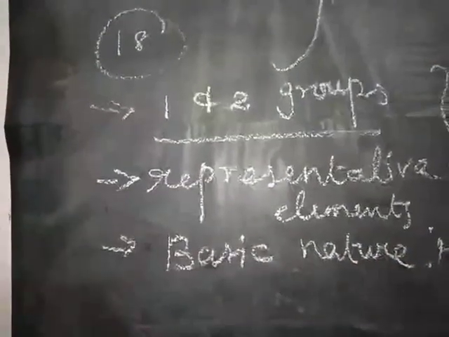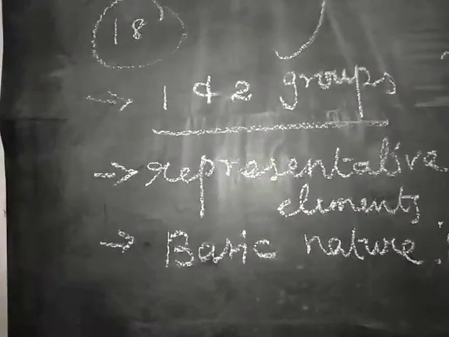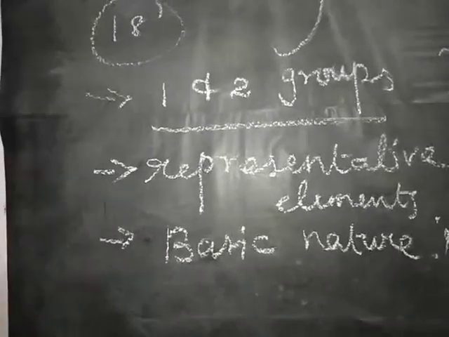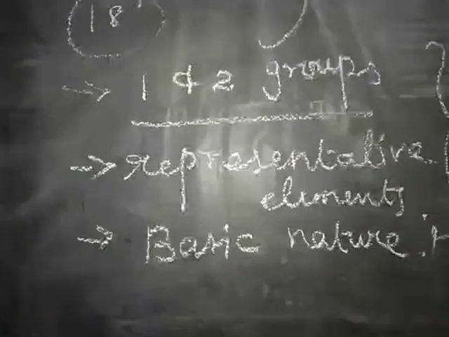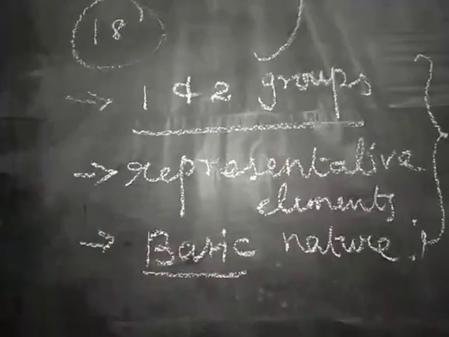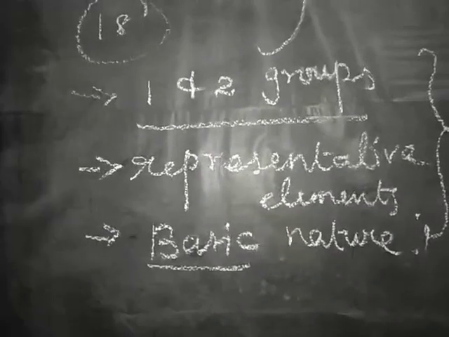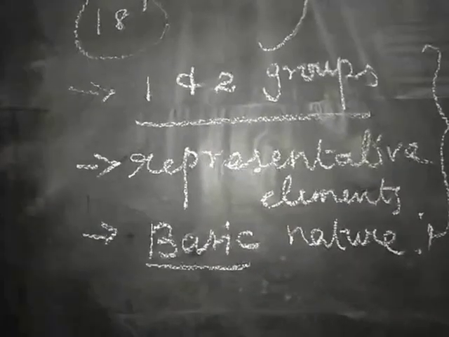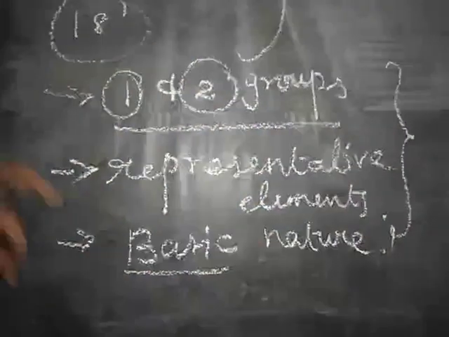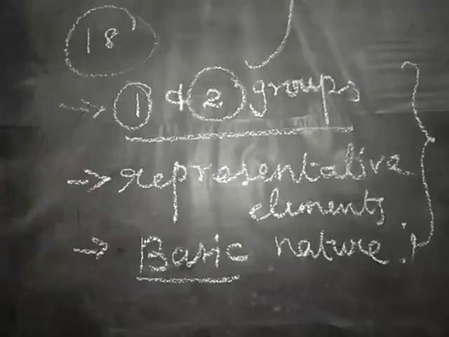Red litmus paper changes into blue. The solutions are said to be highly alkaline in nature, that means basic nature. Hence they are called alkali metals, the first group. The second group is obtained from the earth, so it is called alkaline earth metals.